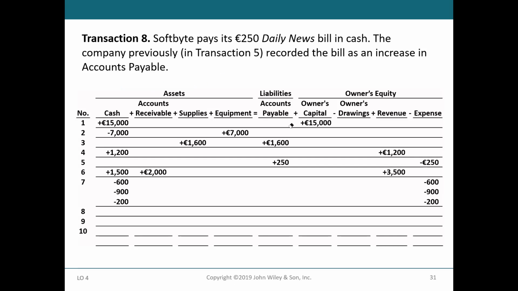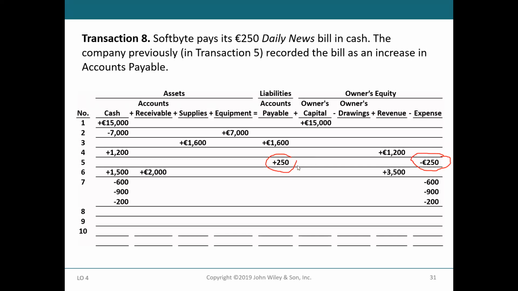You remember transaction number 5? Look at transaction number 5. It happened when the company owed money to the daily news, 250, and then we had an advertising expense of 250.